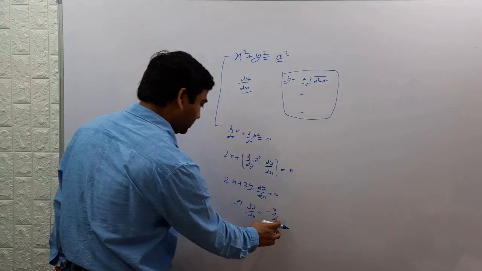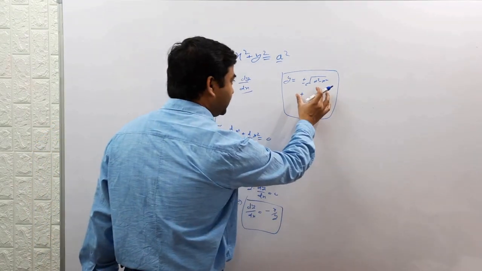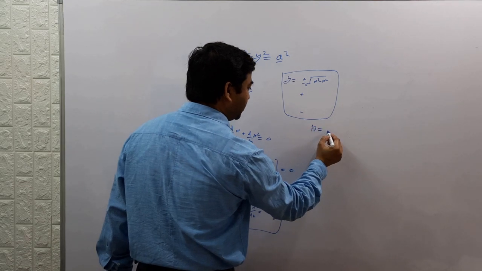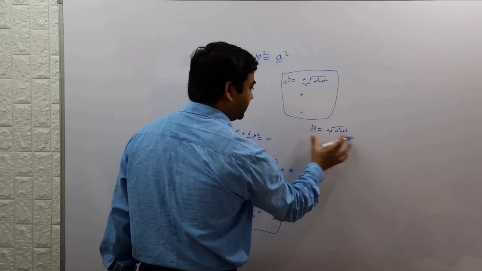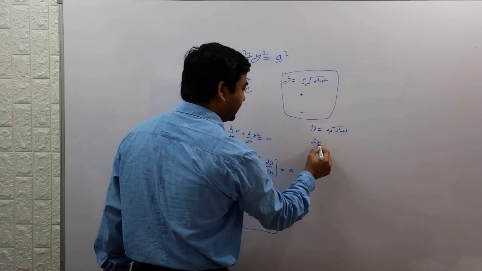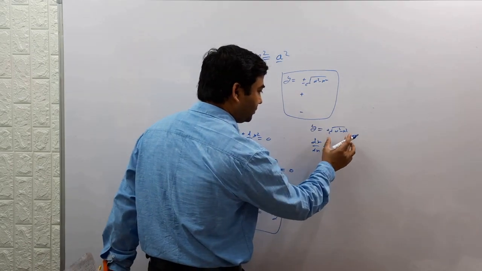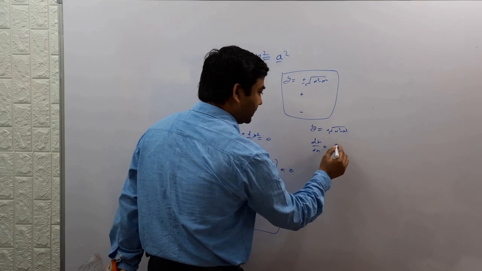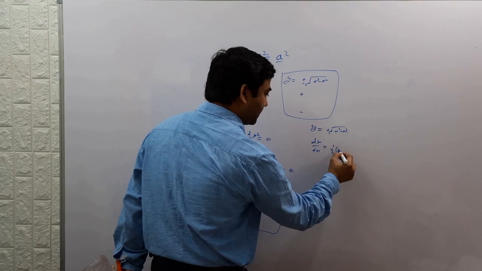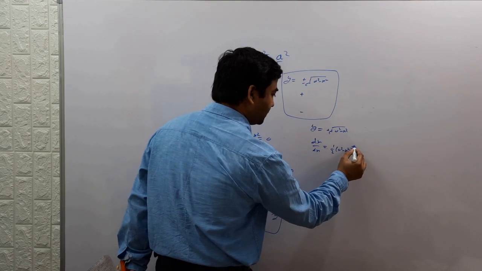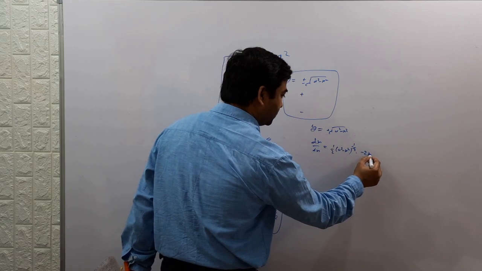So you can write it like this, or from this, just for example, take the positive sign under root a square minus x square. Differentiate: dy over dx is equal to half a square minus x square power minus 1 by 2 into minus 2x.